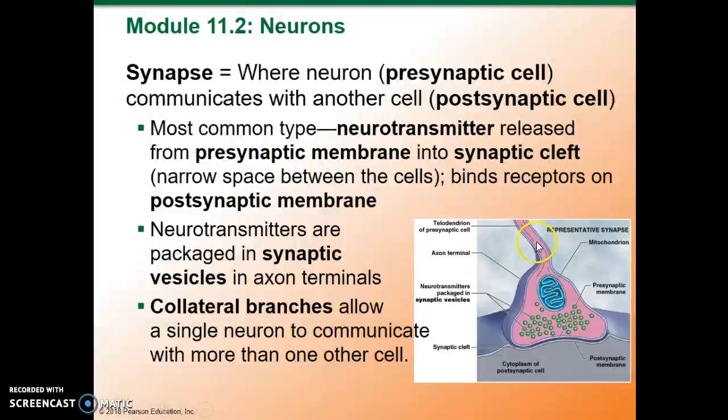So the presynaptic neuron releases the neurotransmitters that will then bind to receptors on the postsynaptic membrane. This axon can produce branches called collaterals, and that allows a single neuron to communicate with more than one cell.